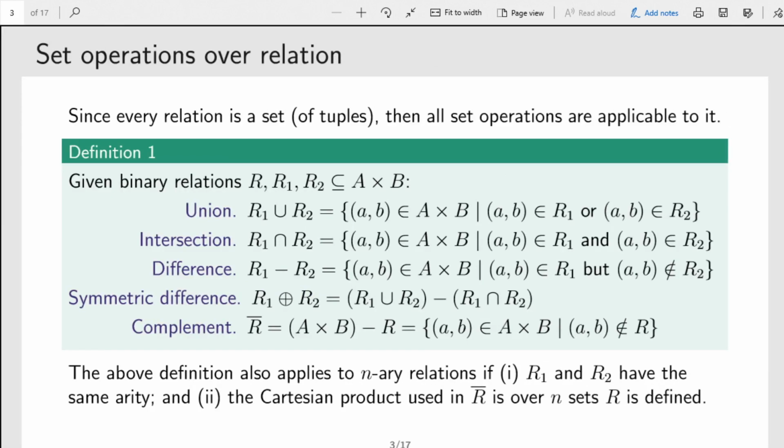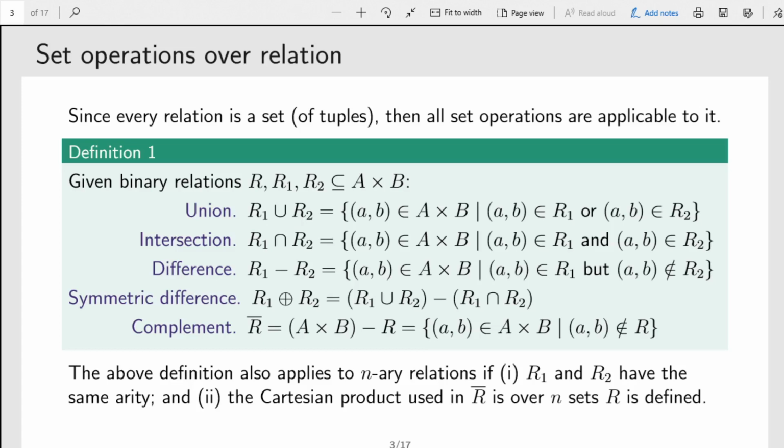Note that since every relation is a set of tuples, as we defined in one of the earlier videos, all set operations are applicable to it. So let me repeat: because it's a set, all set operations are applicable. For example, if you have binary relations R1 and R2, then the union of R1 and R2 is the set of pairs (a, b) such that either (a, b) is in R1 or (a, b) is in R2 or both.